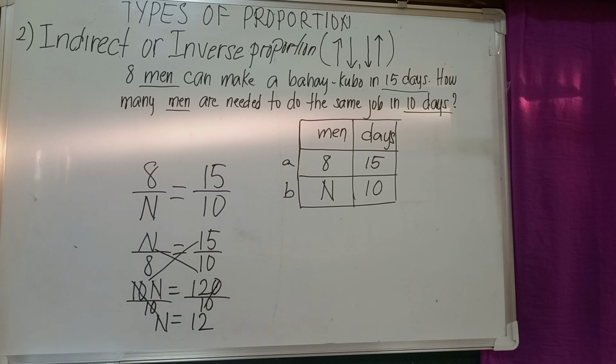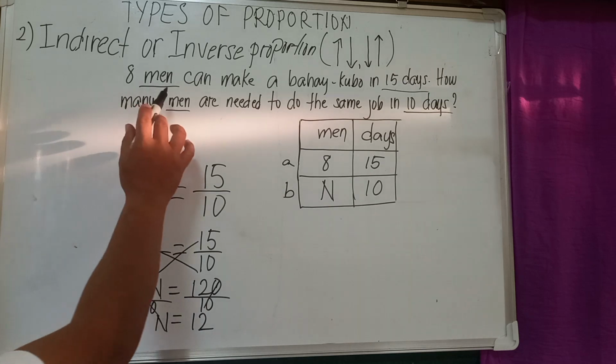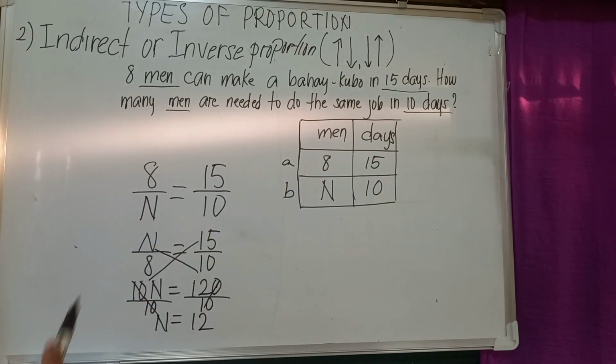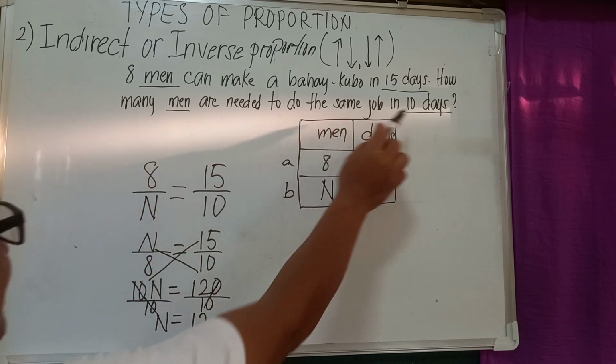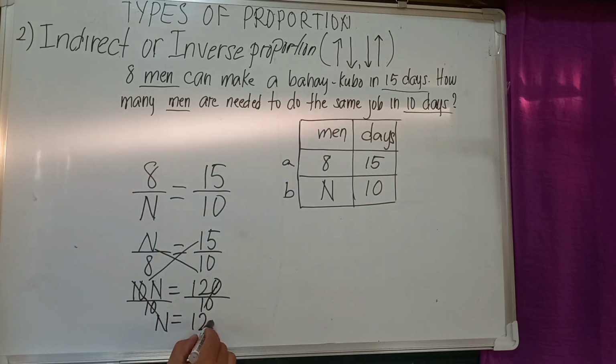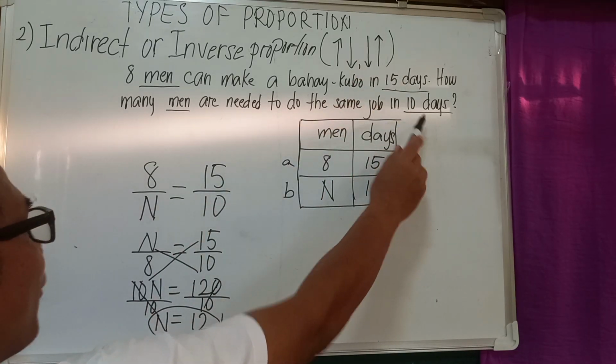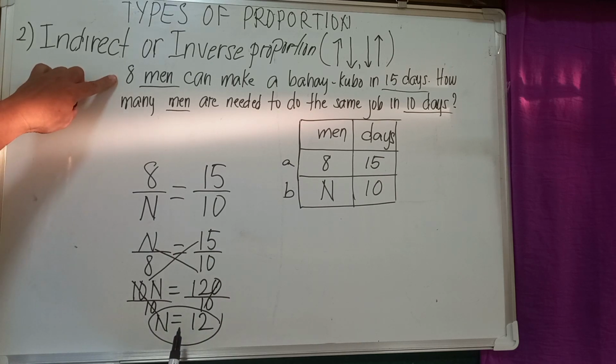So, kung titingnan natin, 8 men can make a bahay kubo in 15 days. How many men are needed to do the same job in 10 days? Ito yun. Ang kailangan palang men ay 12. 12 men. Kung papansin ninyo, nabawasan yung araw, anong nangyari sa mga manggagawa?